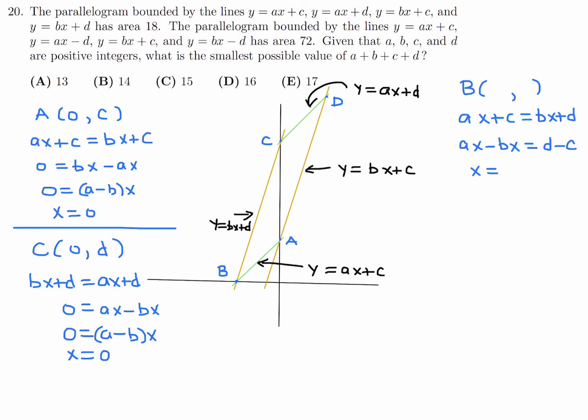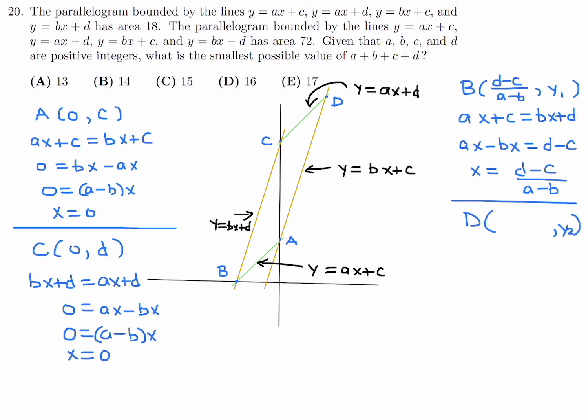So that means x is equal to (d minus c) over (a minus b), like that. So this basically means that my coordinates for B, for at least the x coordinate, is (d minus c) over (a minus b). And the y coordinate I don't think I will need, so I'm just going to leave it as y1. And then finally, what have I got? A, B, C, I need D, right? D is my only one that's left.